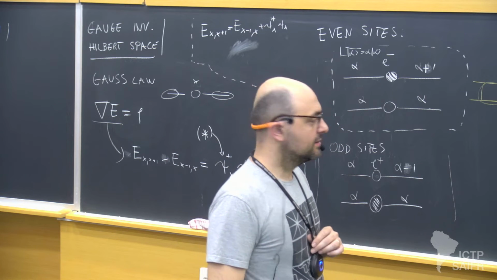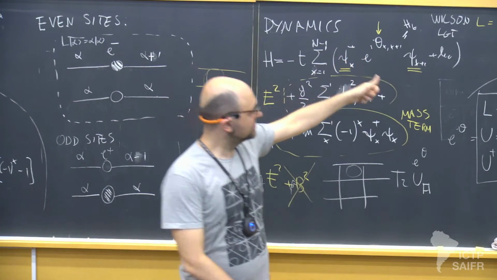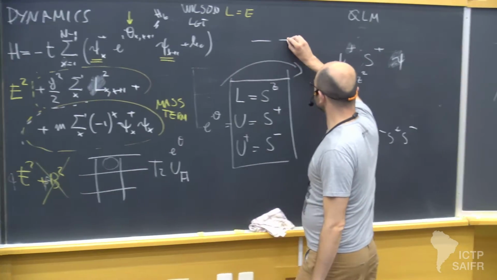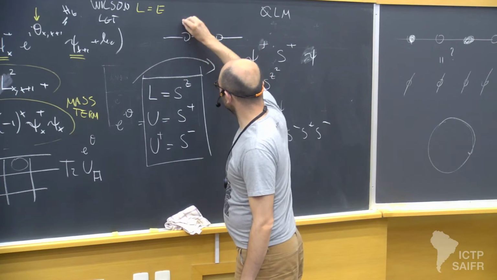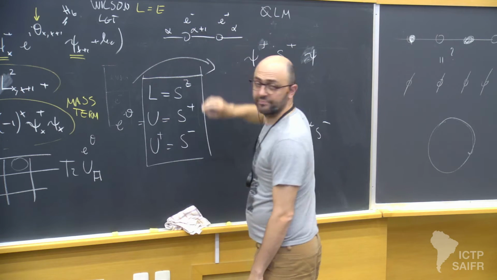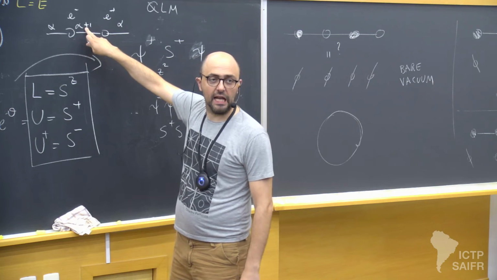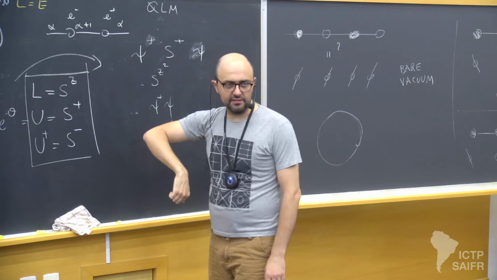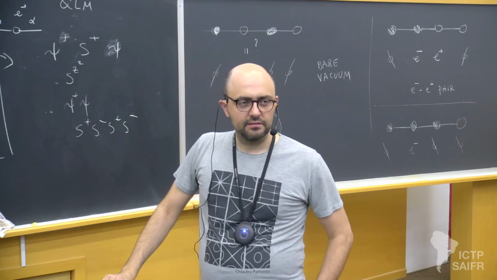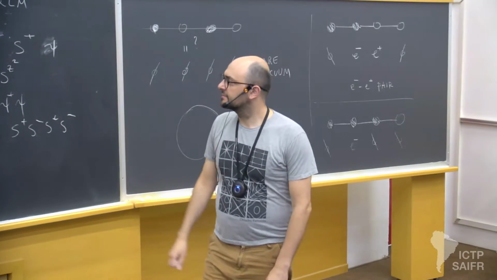Theta is something that changes the value of L. In the example, we had this particle and antiparticle, and when we apply the tunneling, we also have to change the value of L. In that case, we have to decrease it, and we decrease it with e to the i theta. So e to the i theta is like the translation operator for L. Exactly. That is what moves it.